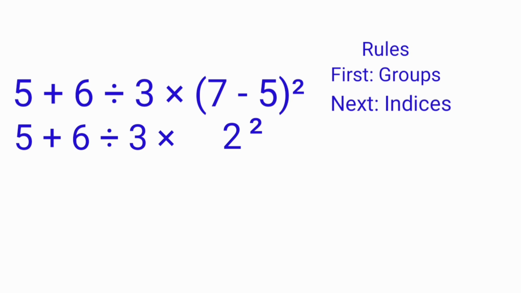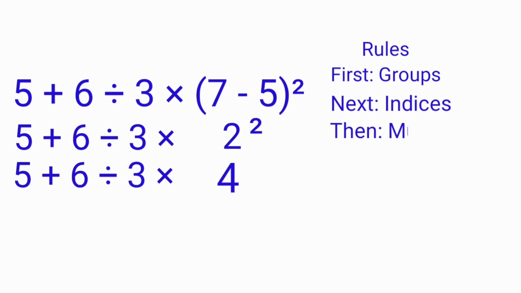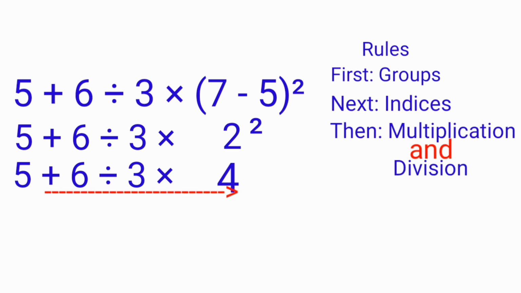So that's 2 to the second power, which is 4, and we put back all the numbers that we did not operate on. Then we do the multiplication and division from left to right. So 6 divided by 3 is 2, and we put back everything we didn't operate on. Then we say 2 times 4 gives us 8.